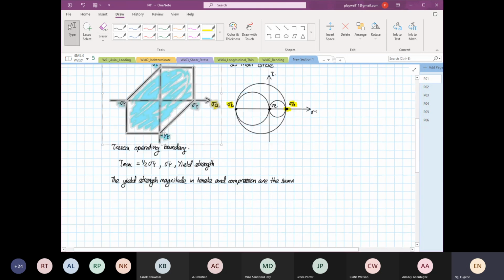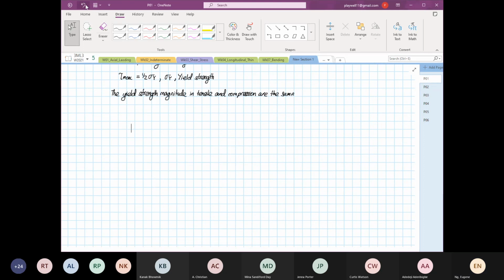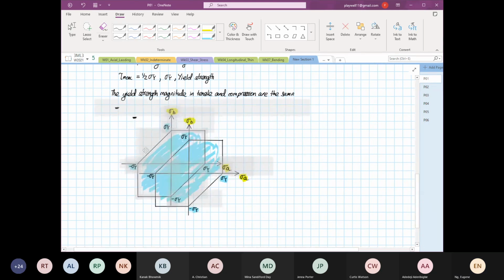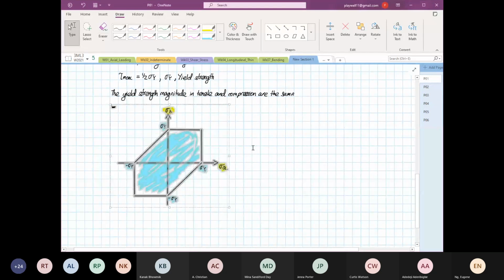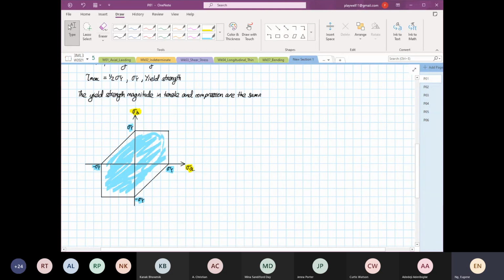Because I need to draw more and more. So now I'm going to sketch the operating space on Mohr's circle.